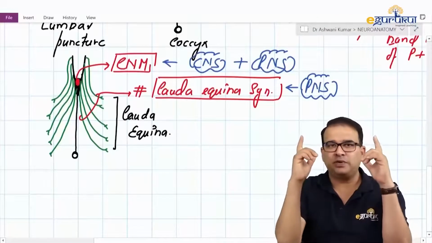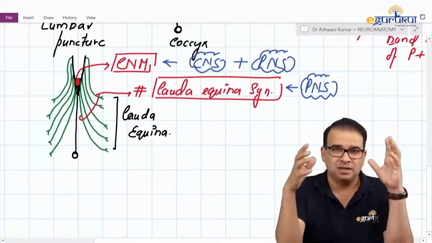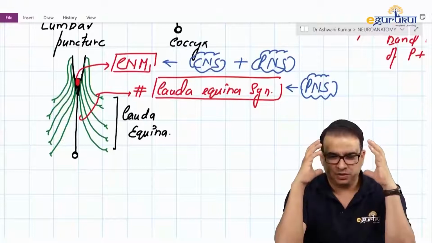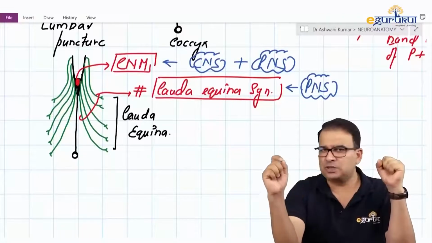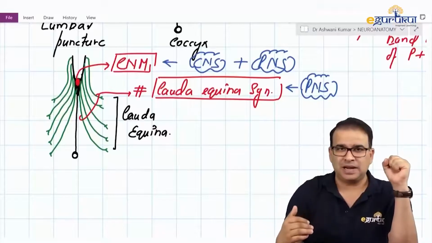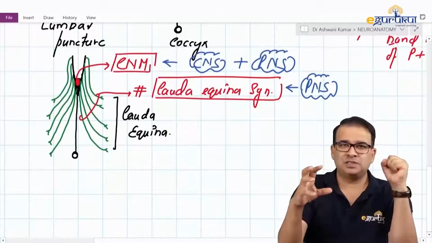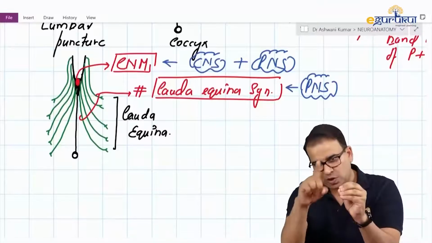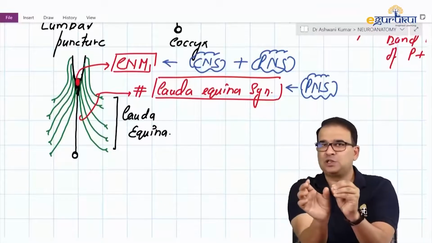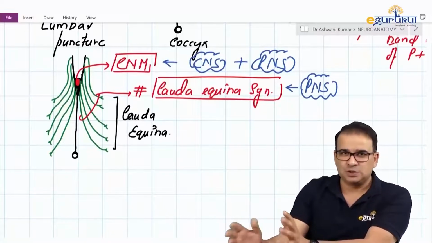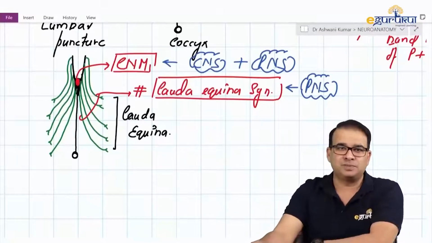So when you're thinking about the features of cauda equina and conus medullaris syndrome, the first thing that should stay in your mind is that cauda equina syndrome is all about injury to the peripheral nerves, so the symptoms will be based on that. And in conus medullaris syndrome, a part of the spinal cord is involved, so that is CNS, and obviously the nerves going from the side of it can also be involved. So we can also have some peripheral nervous system symptoms as well. So it's a CNS-PNS mixture type of injury.